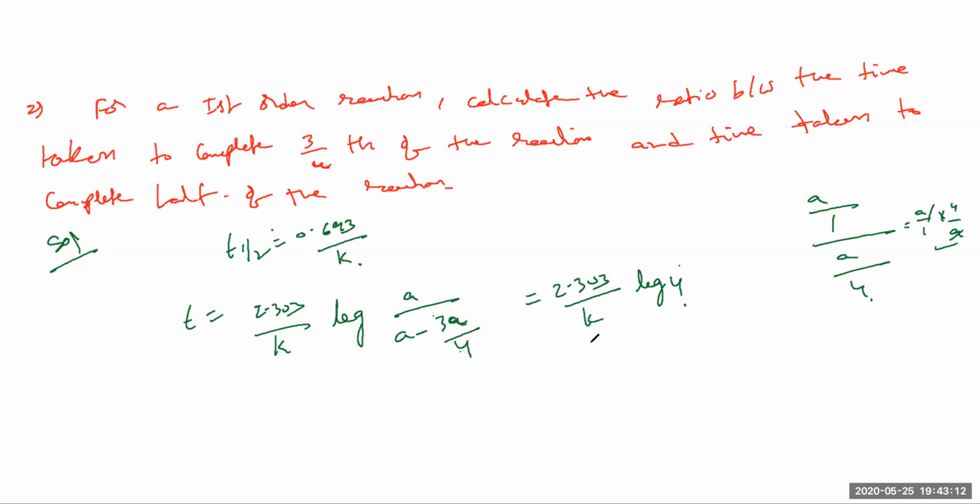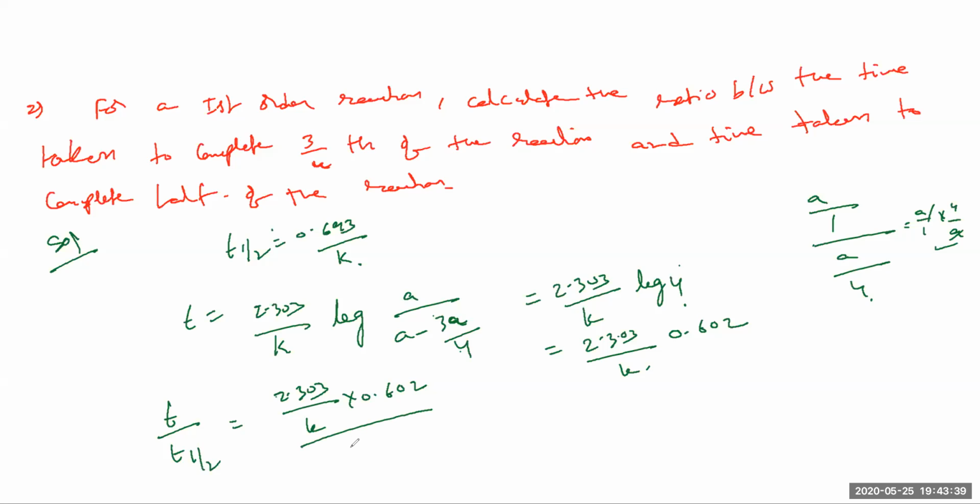So T is 2.303 by K into log 4 value, 0.602. Now, what is the ratio between T and T half? T is 2.303 by K into 0.602, and T half is equal to 0.693 by K, correct now?